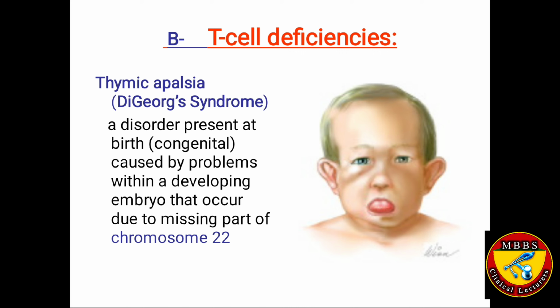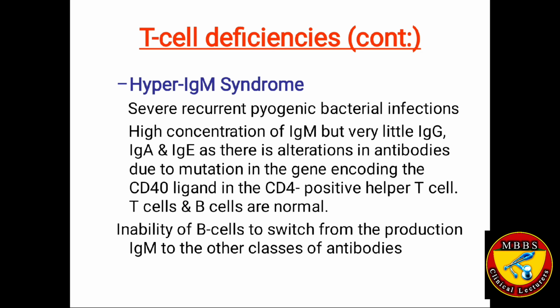The absence of cell-mediated immunity is caused by the low number of T lymphocytes in the blood and lymphoid tissue, and there is poor defense against certain fungal and viral infections. If there is a defect in lymphocyte activation or function, the term used is hyper IgM syndrome.